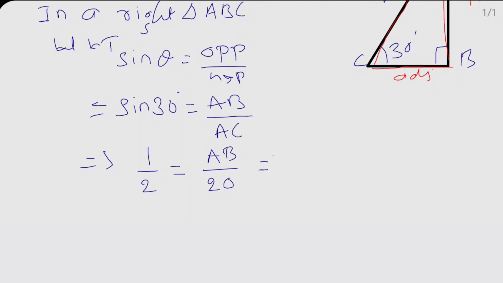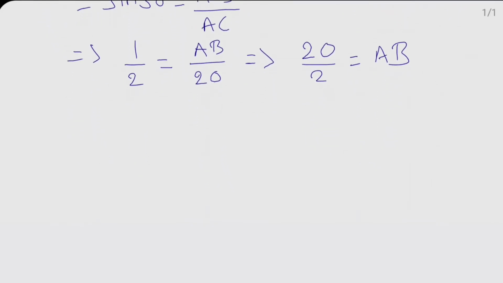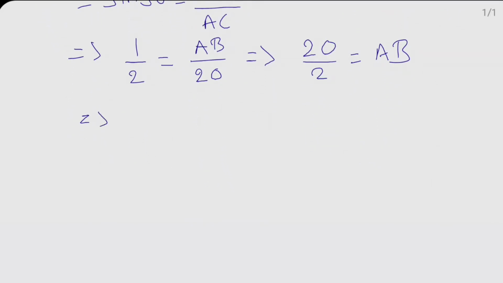This implies 20 comes to the LHS and becomes a multiplication. So 20 divided by 2 equals AB. Now AB is equal to 10, 2 tens are 20, so 10 meter. AB equals 10 meter.